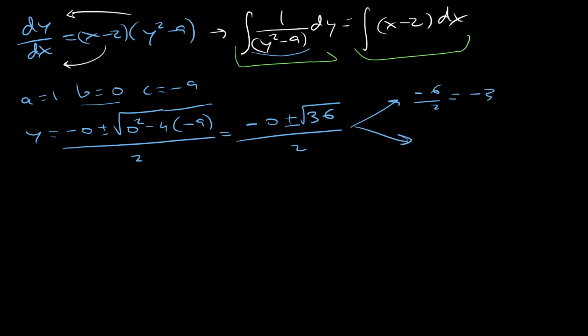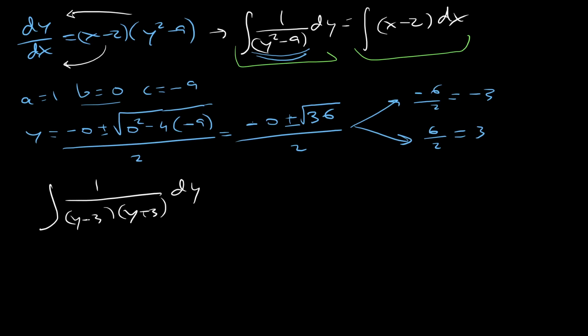And the second one, minus 0 plus the square root of 36, so that's positive 6 divided by 2, which is 3. So here, in order to solve these roots, we have 1 divided by y minus 3 and y plus 3 dy. Let's continue with this expression.